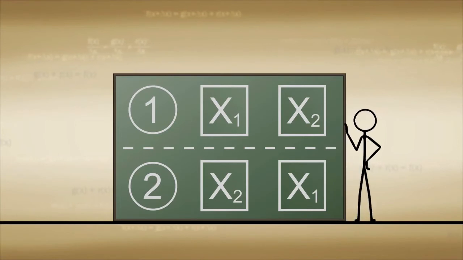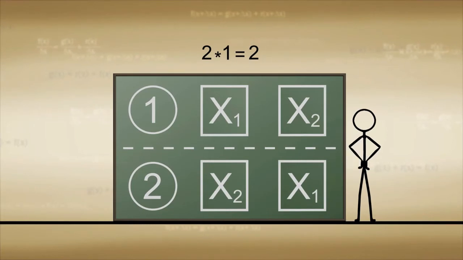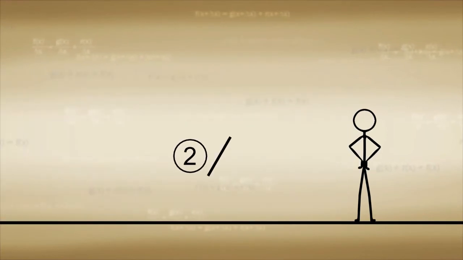And for that reason, there are 2 times 1, which is 2 different ways to write down the sides of a two-sided volume. Dividing possible volumes that we have enumerated by the number of different ways that a two-dimensional volume can be enumerated, we get 2 divided by 2, which is 1.